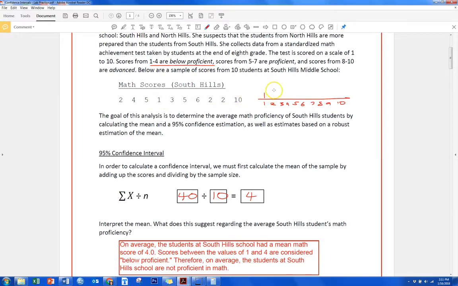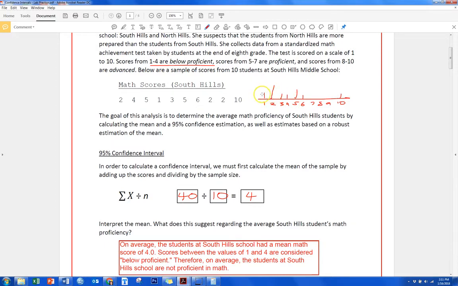We have 3 2s, make a little taller of a line there. We've got 3, we've got 4, we have 2 5s, excuse me. And looks like 1 6, then 7, 8, 9, and then we have a 10.